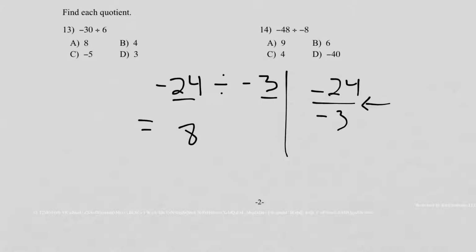In fact, that's what that fraction bar means, is that this is a division question, and so we would do the division the same way, that a negative divided by a negative makes a positive, and 24 divided by 3 is 8, and that's it.